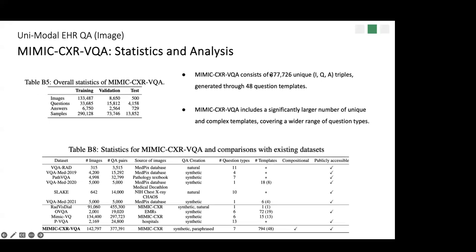We had about 377,000 question answer samples, and compared with previous VQAs, scale-wise it's very, very large. It was the only one based on MIMIC-CXR when we started, but after that a lot of similar works came out. So one day maybe we can merge them all together and build a really strong, rigorous VQA dataset, at least for MIMIC X-ray.